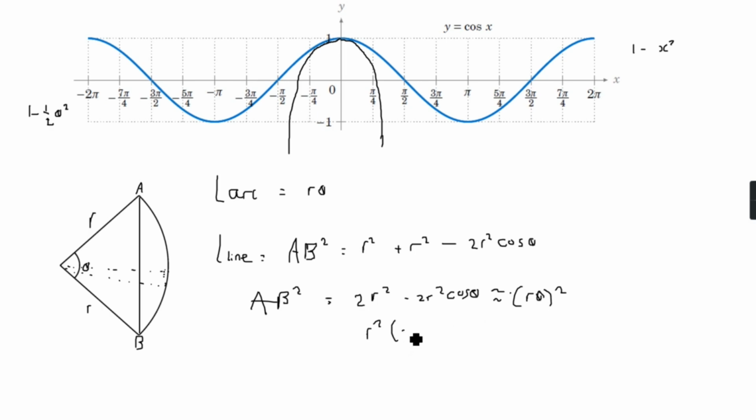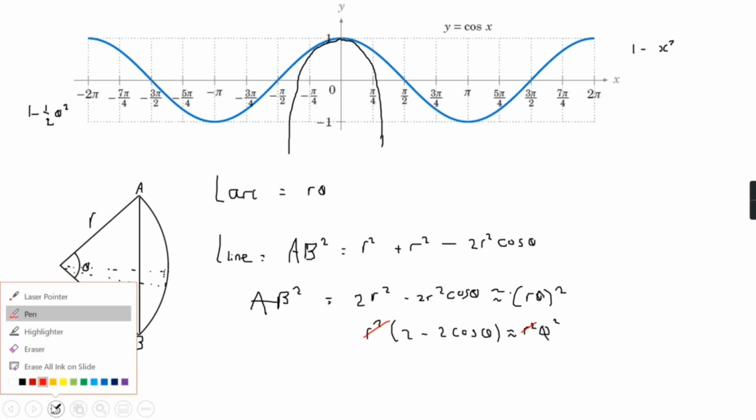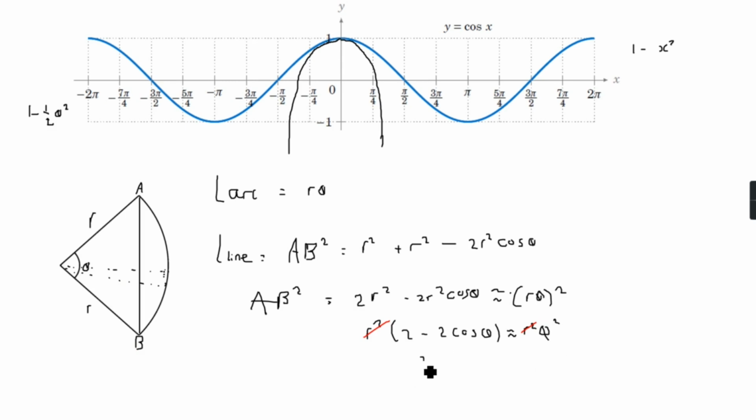So we've got r squared times 2 minus 2 cos theta is approximately r squared theta squared, and these r squareds cancel out. So we're left with 2 minus 2 cos theta is approximately theta squared. Rearranging this, we get that 2 cos theta is approximately 2 minus theta squared, and dividing by 2, we get that cos theta is approximately 1 minus a half theta squared.